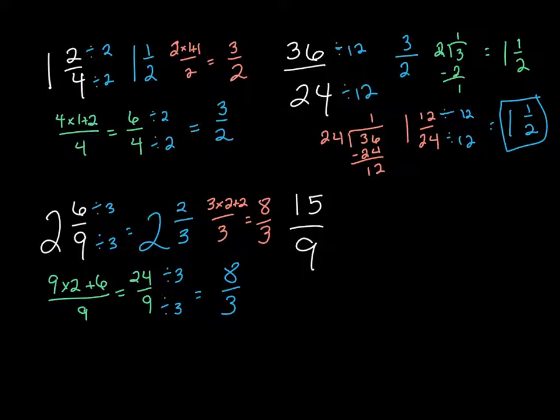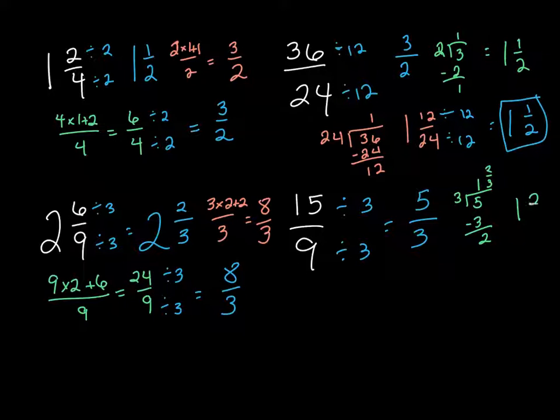Okay, and our last example here, 15 and 9 can both be divided by 3. So that gives you 5 over 3. Now to change to a mixed number, 3 goes into 5 one time, the remainder of 2. So 1 and 2 over 3.